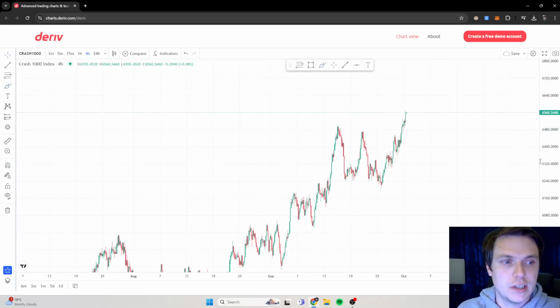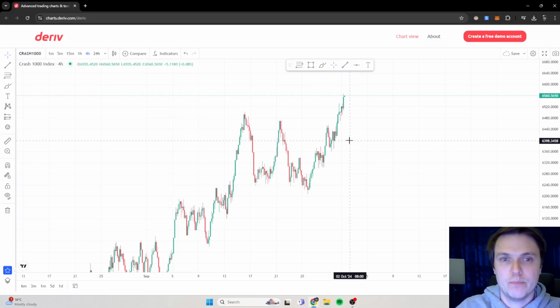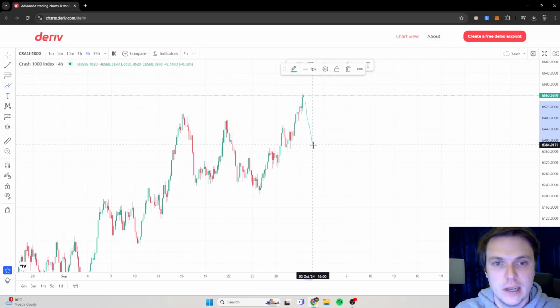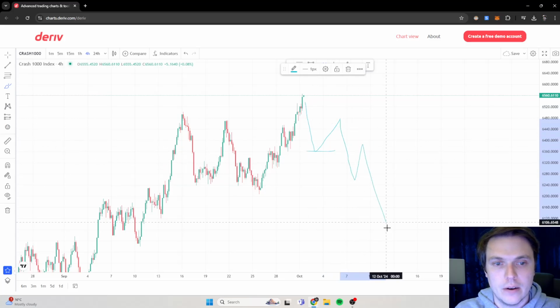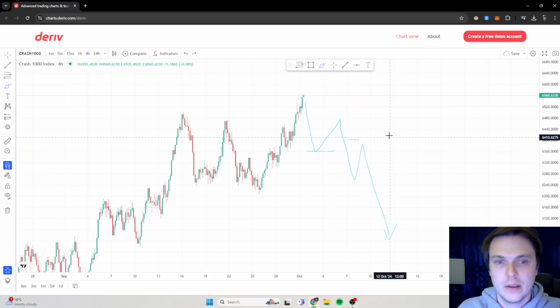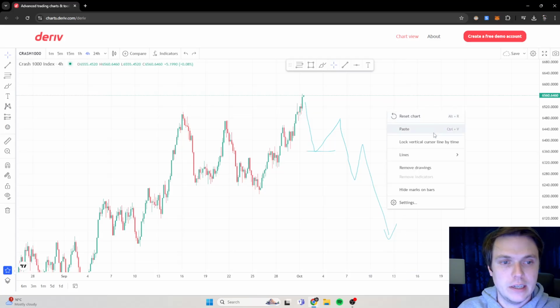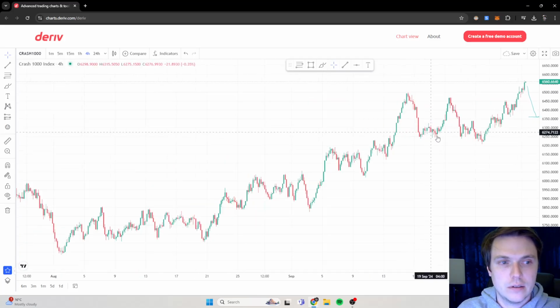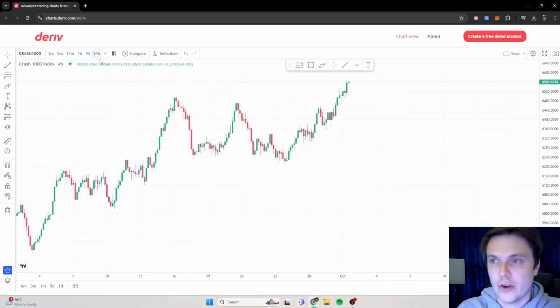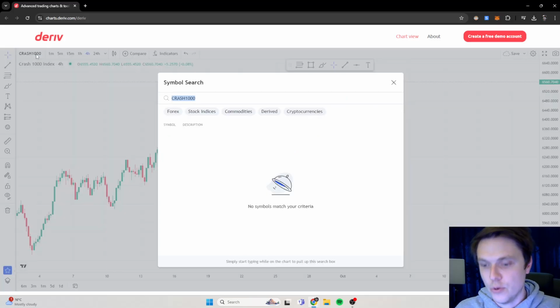So it's good to just keep an eye on it when it does break and breaks lower lows. It can also obviously come in, make a low there, and then fall again, hitting that order block / fair value gap over there. Okay, cool. That is what I see on Crash 1000. So let's quickly go to, let's do Boom 300.